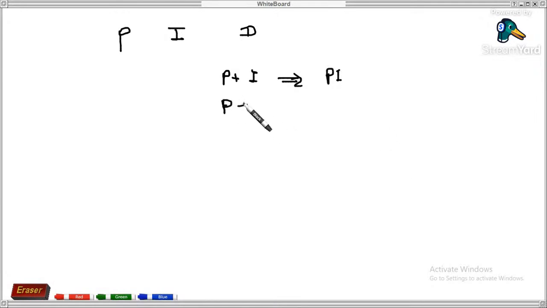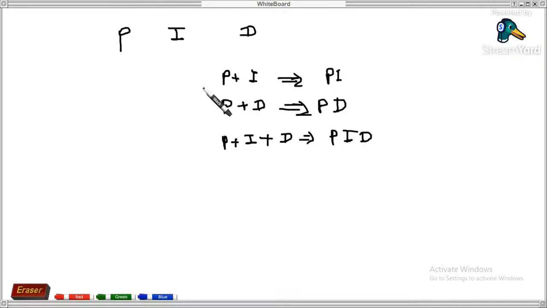If I take P and derivative, this is my PD controller. If I take P, I, and D also, then I can make it a PID controller. One more combination, take an integral and a derivative controller and make it an ID controller.